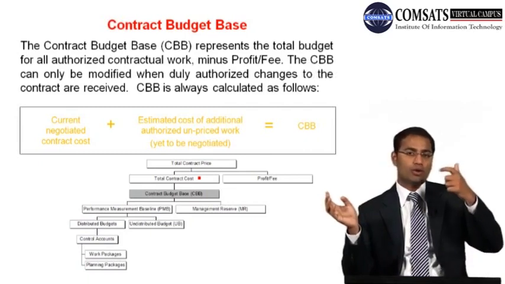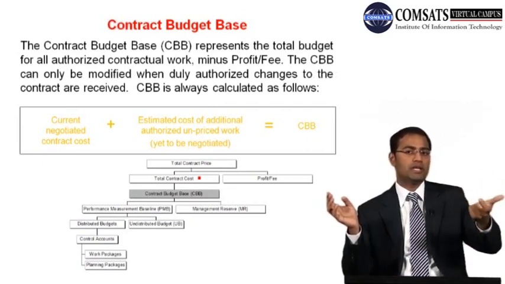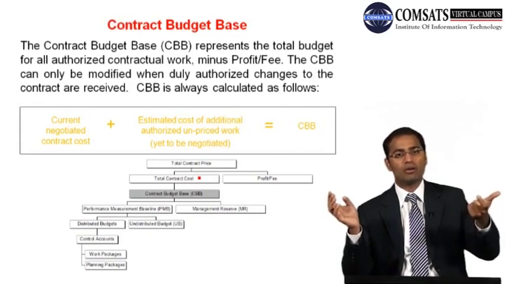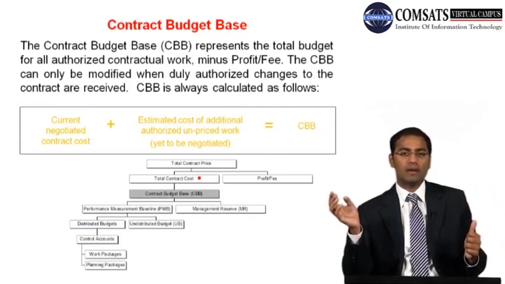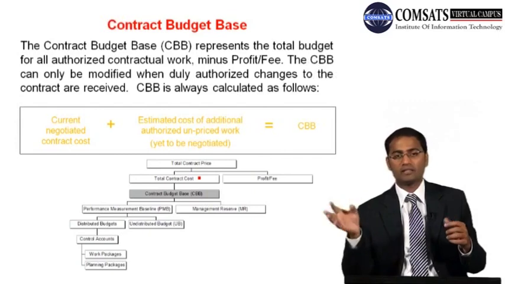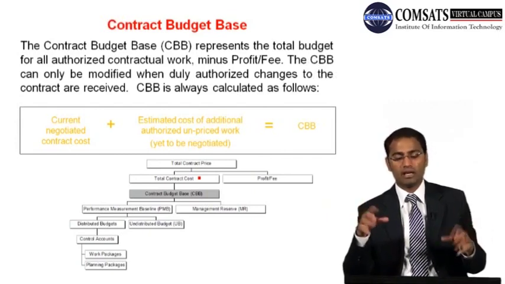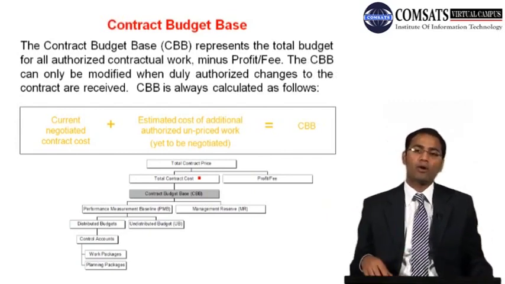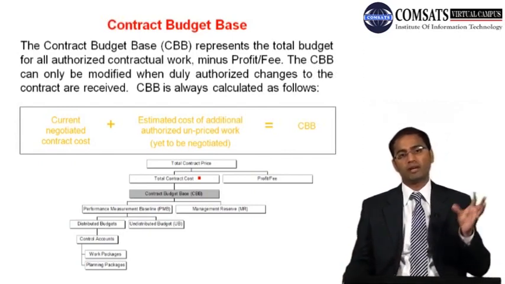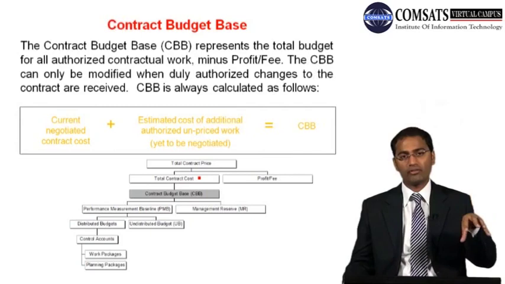So the cost of the actually negotiated, priced, current cost of that marriage hall, and then the unpriced unauthorized work, and the estimated cost of that, will make up this CBB, contract budget base. So people usually get confused between contract cost and contract budget base.